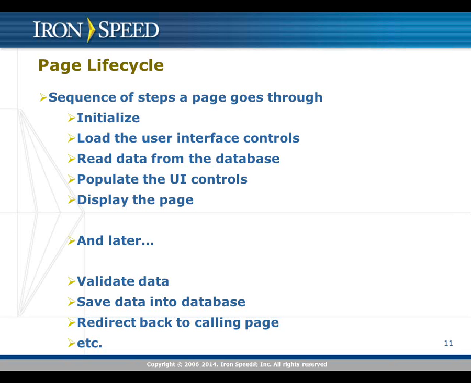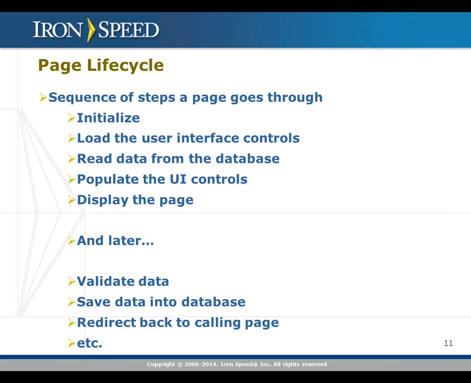Okay, so the page lifecycle is a sequence of steps that a page goes through, and it starts with initializing all of the controls or allocating memory for you, and also reading the data from the database, and then populating all of the UI controls and rendering all that into HTML, right?